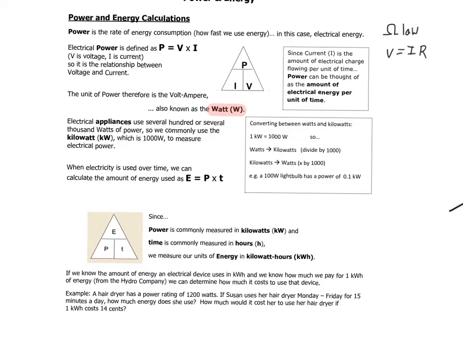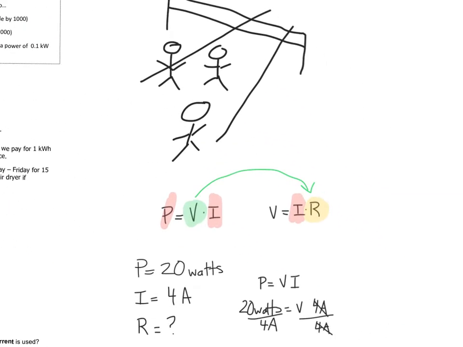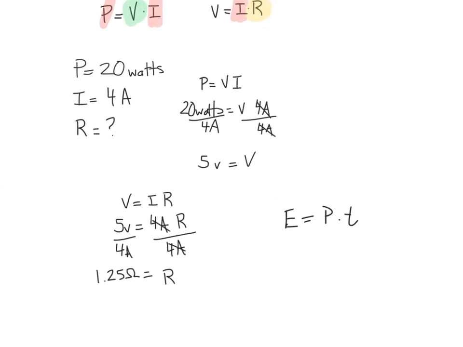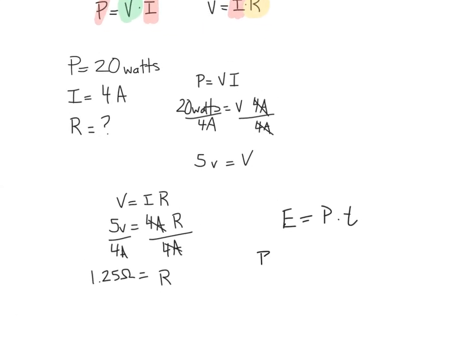So using our example over here, we started out with 20 watts. In order to find the energy, where energy is equal to power times time, our power here is 20, but we need it to be in kilowatts in order to use our energy.